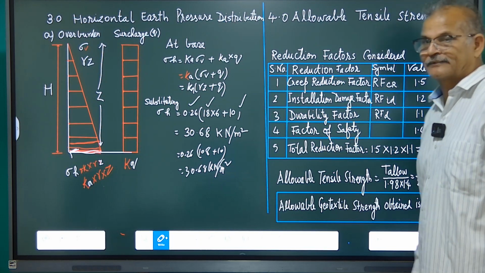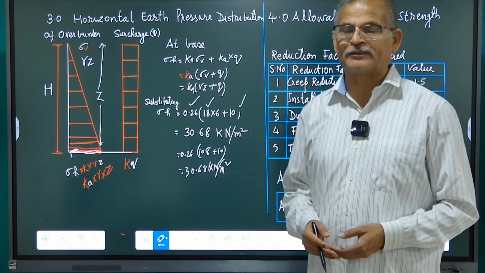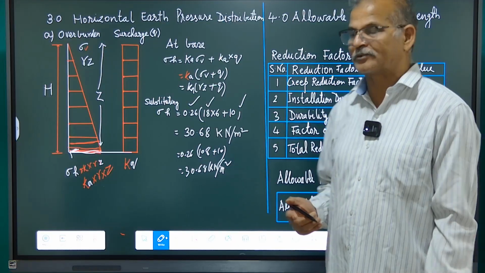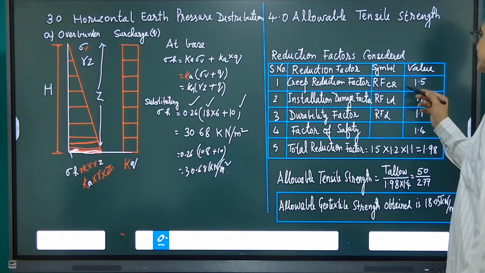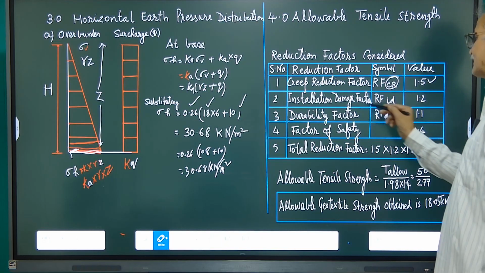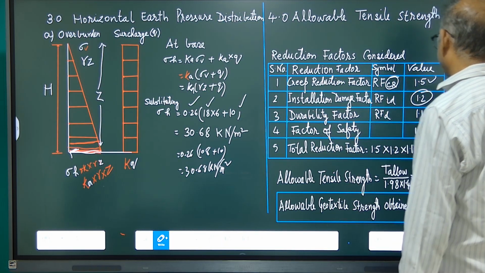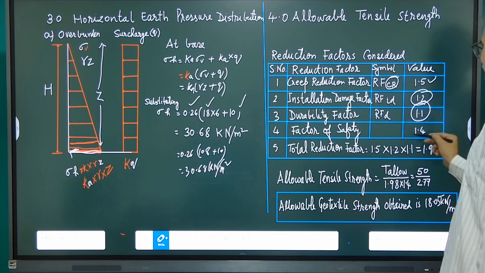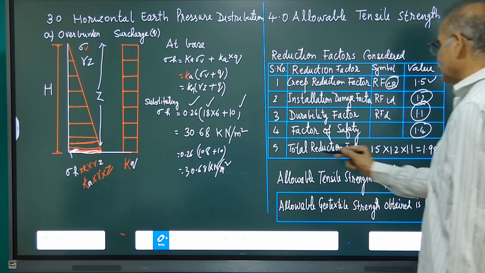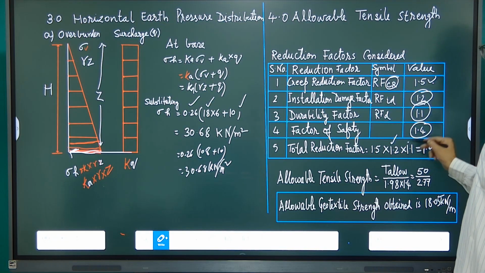Now we use the reduction factor to be more safe. जो हम reinforcement यूज कर रहे हैं, जो टेक्सटाइल यूज कर रहे हैं, उसमें हम लोग reduction factor कंसीडर करते हैं. For the creep 1.5, installation damage factor 1.2, durability factor 1.1, and factor of safety 1.4 is given. So total reduction factor is 1.5 into 1.2 into 1.1, so 1.98.